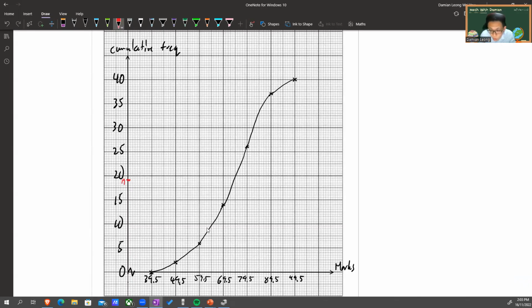We match to the curve and go down to the horizontal axis. Yeah, like that. Then it should go here. Each box is 1. So 70, 71, 72, 73, 73.5.